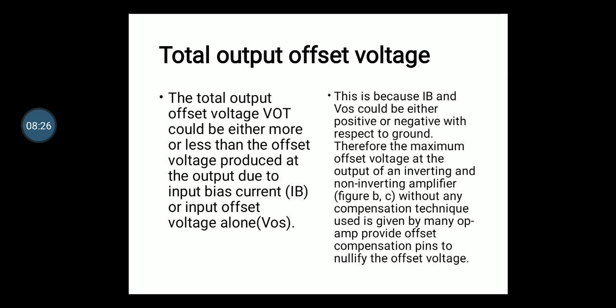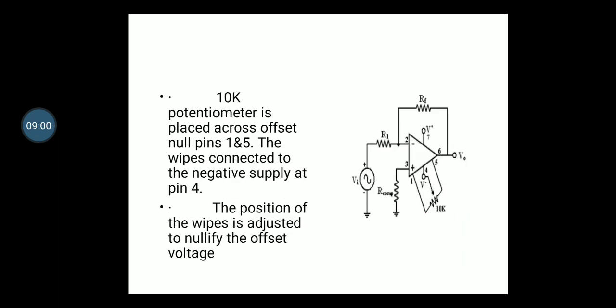Next one is the total output offset voltage. So the total output offset voltage VOT could be either more or less than the total output offset voltage produced at the output due to the input bias current or input offset voltage alone. This is because input offset voltage VIOS and input bias current IB could either be positive or negative with respect to the ground. Therefore, the maximum offset voltage at the output of an inverting and non-inverting amplifier would be more.